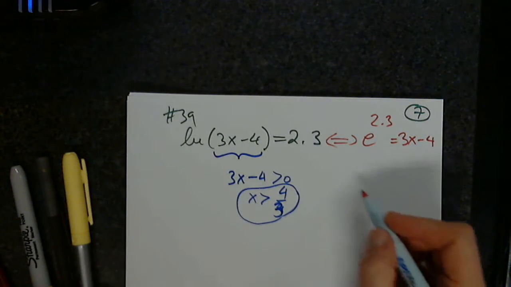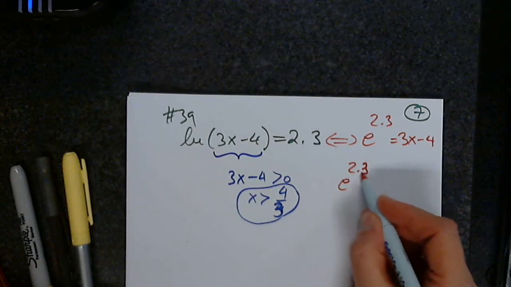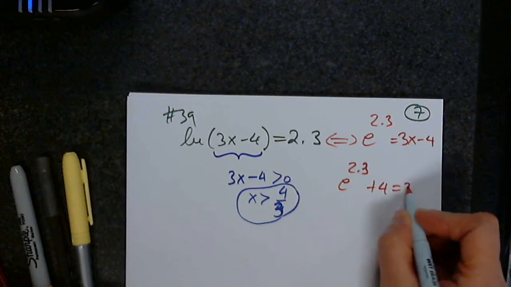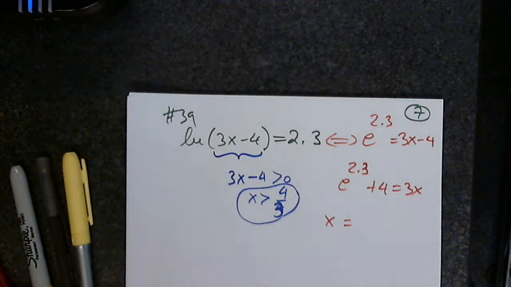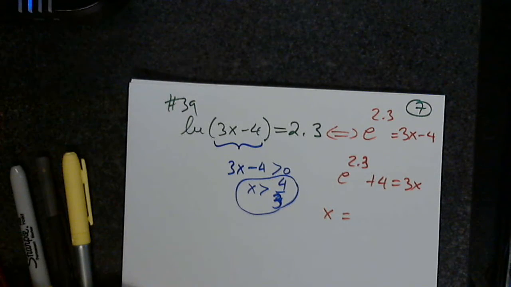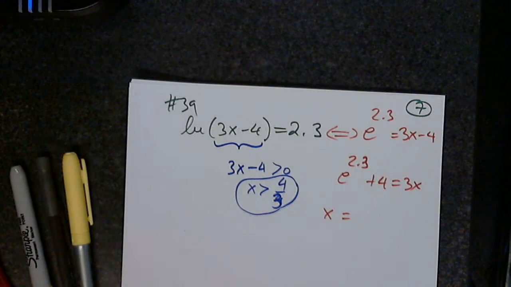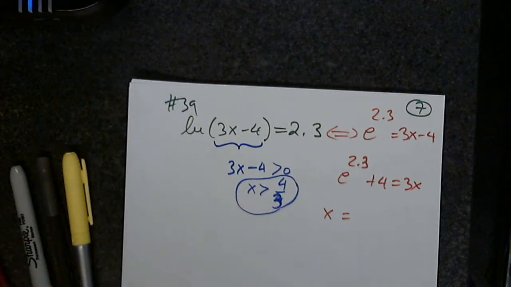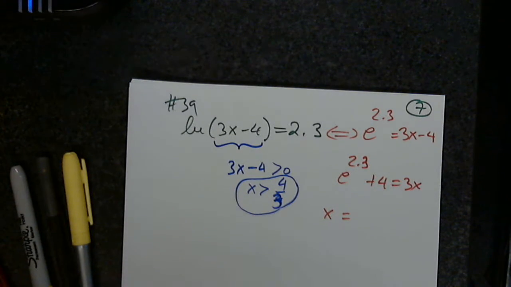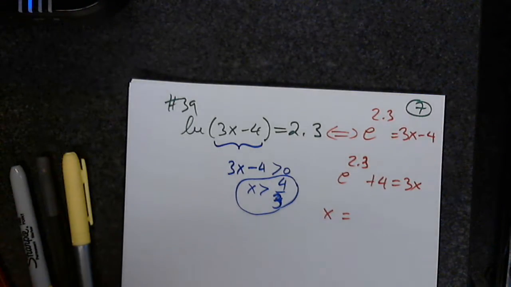Add 4, of course. E to 2.3 plus 4 equals 3x. And finally, x is? Wonderful.